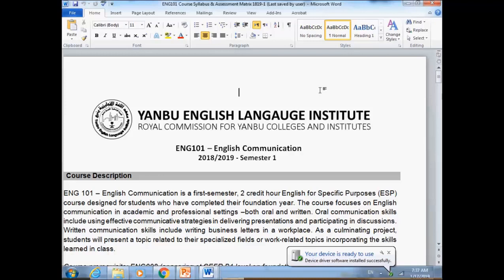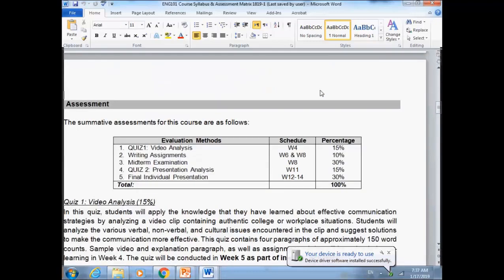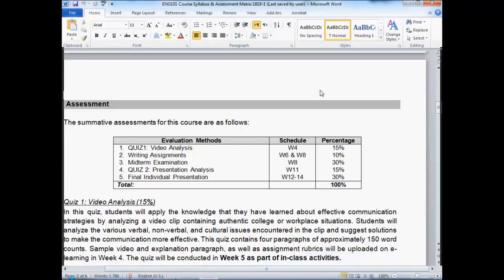So all of this is found online. Quiz, video analysis, week 4, 15 marks; writing assignment, 10 marks, 2 of them; midterm examination, 30 marks; presentation analysis, 15 marks, that's later on in week 11; and instead of the final, you have an individual presentation here in the classroom.